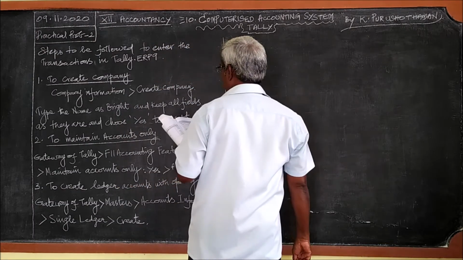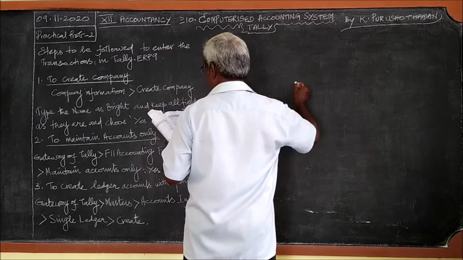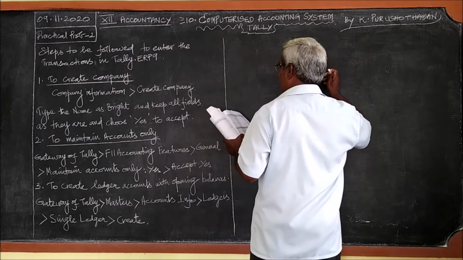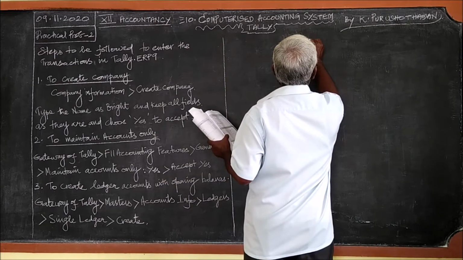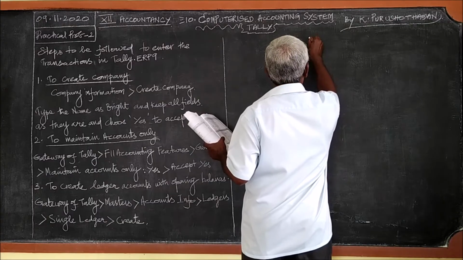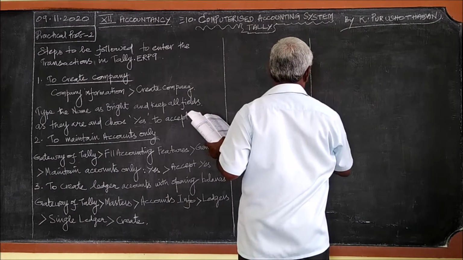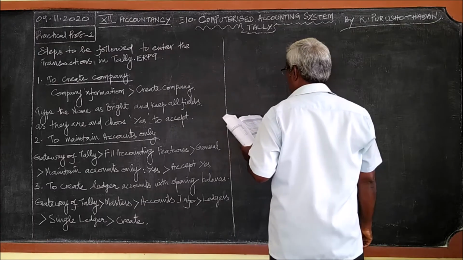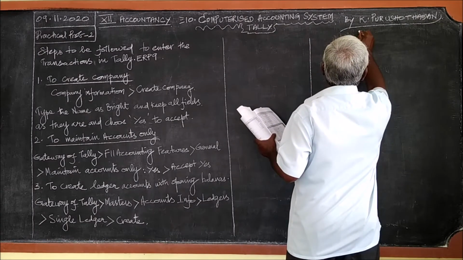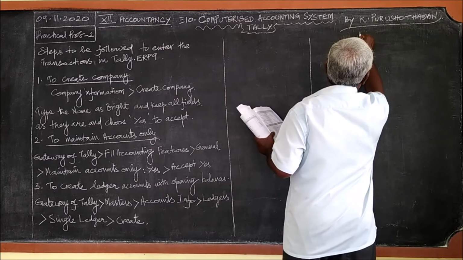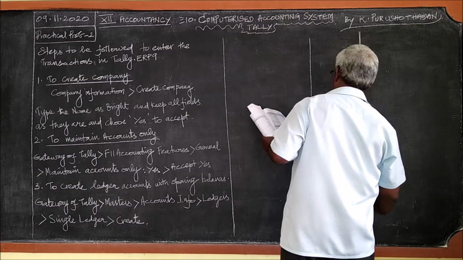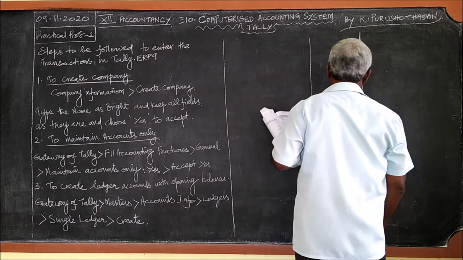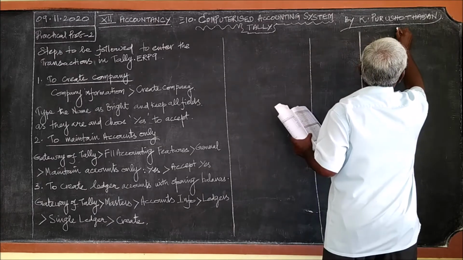Now there are 5 columns. Number 1, creation of. Number 2, name. Number 3, under, where it should be under what account.